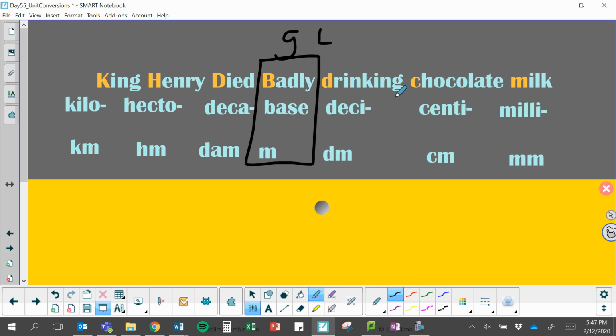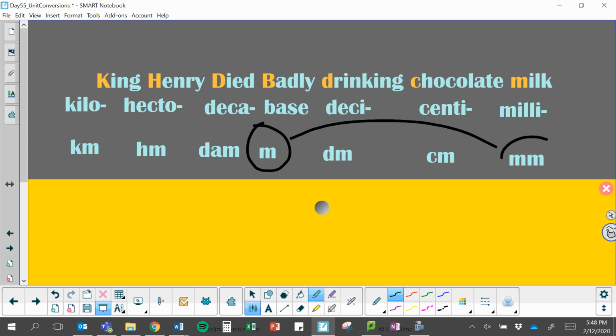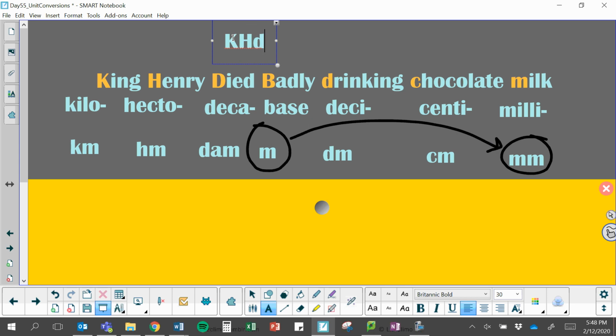Okay, and how we use this is, say we're wanting to go from meters to millimeters. So what we're going to do is I usually just write out our acronym. King Henry died badly drinking chocolate milk.